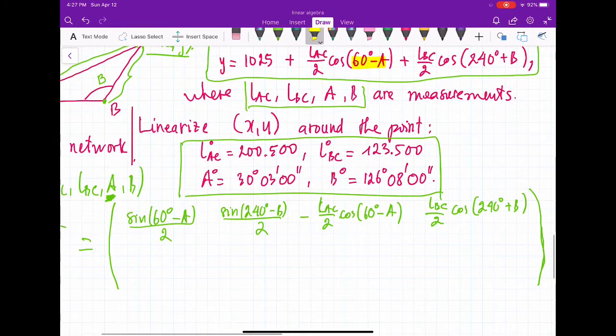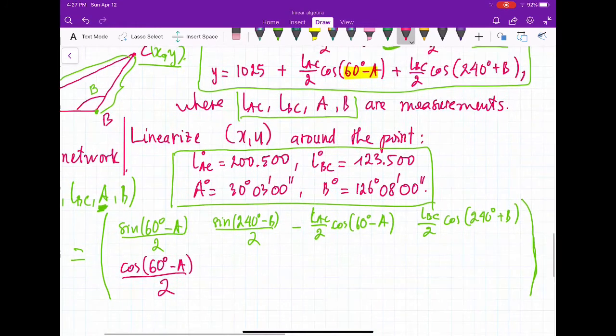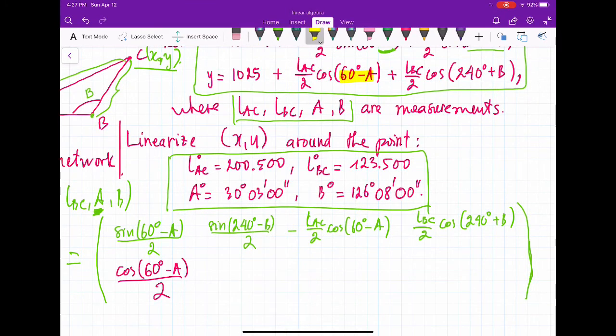Sorry, so we are good. That means here I only have cosine of 60 minus A over 2, right? And then we differentiate with respect to LBC right here. So that is cosine of 240 plus B over 2.